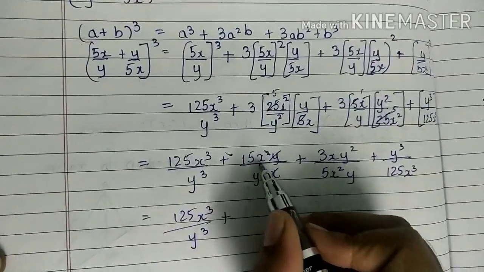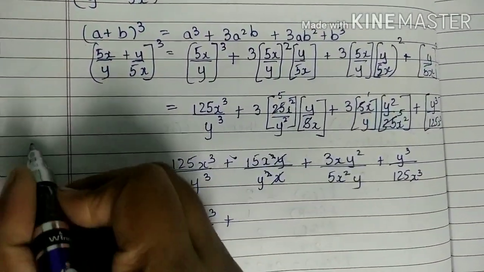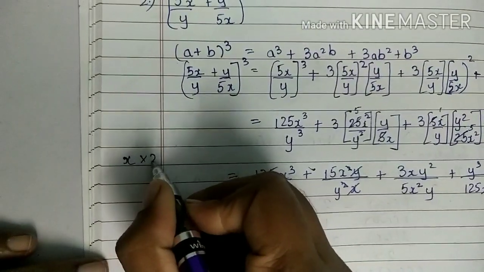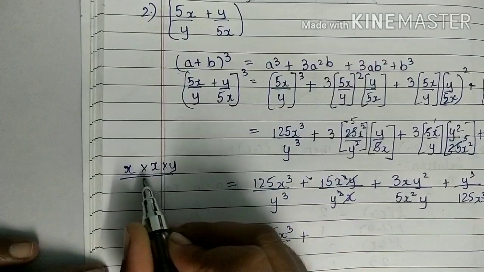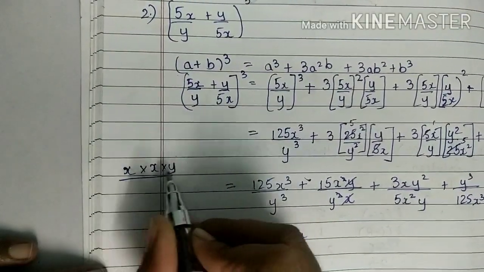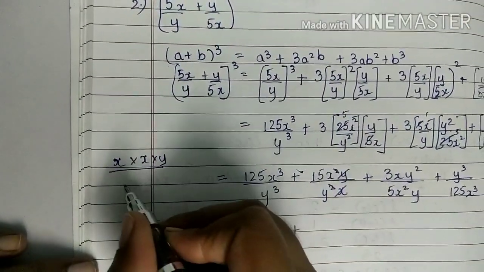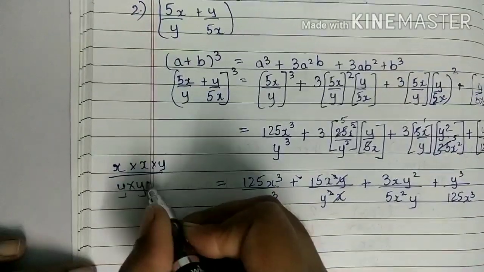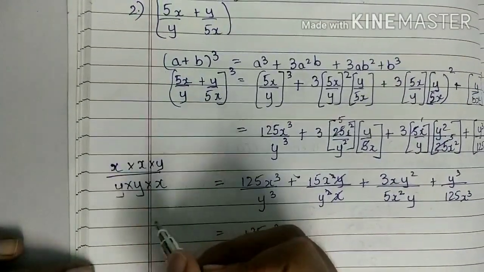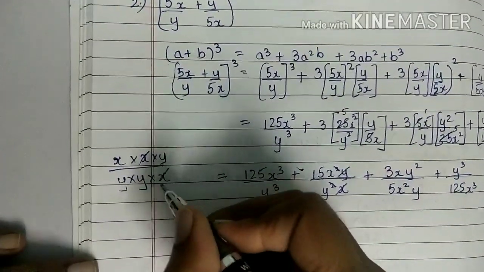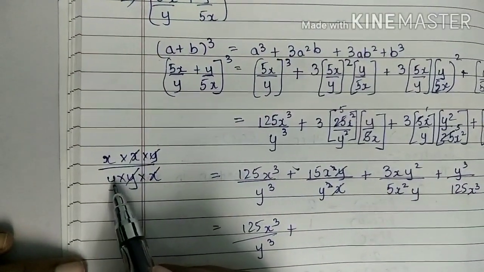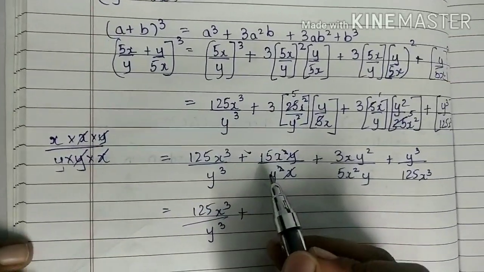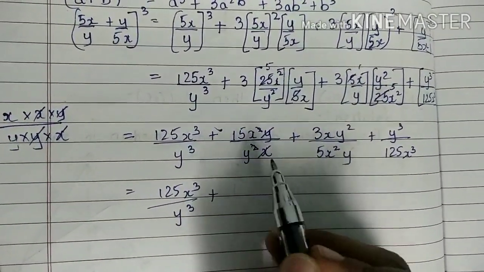So this, if I can split up and show, x square is x into y, right? X square y is x into x is x square, right? I split and wrote it, and this is y square x, so y into x. Now if we can do cancelling, x and x will get cut, y and y will get cut, just 1x and 1y will be remaining. So that is what we got here, 1x and 1y is remaining.